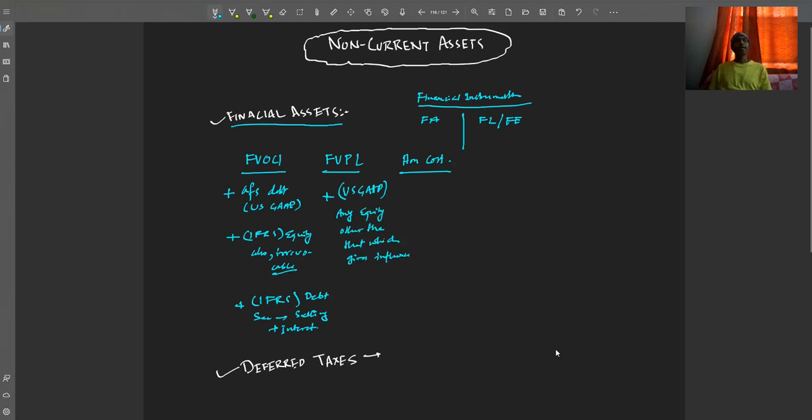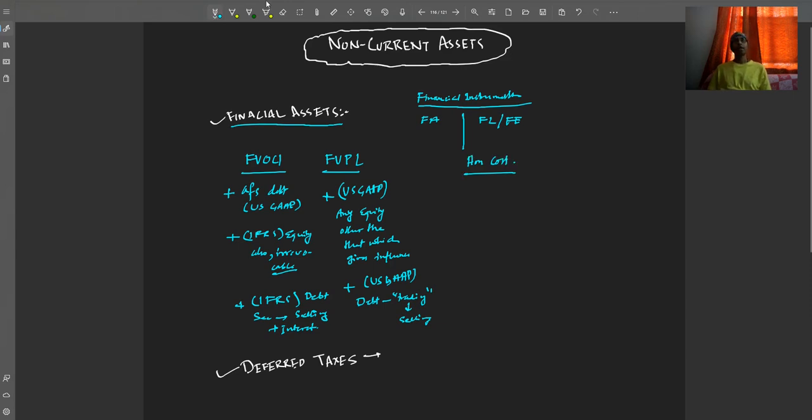This is one category. Again, under US GAAP, any debt security designated as trading securities. That means even interest income is not the main focus here. It is basically selling and gaining from that sale. That kind of debt security is under US GAAP.